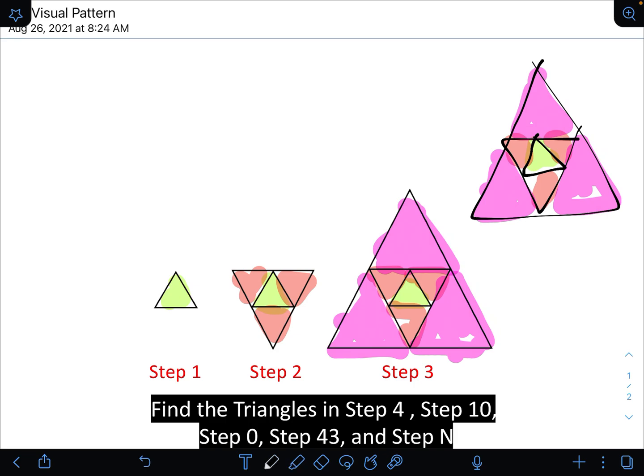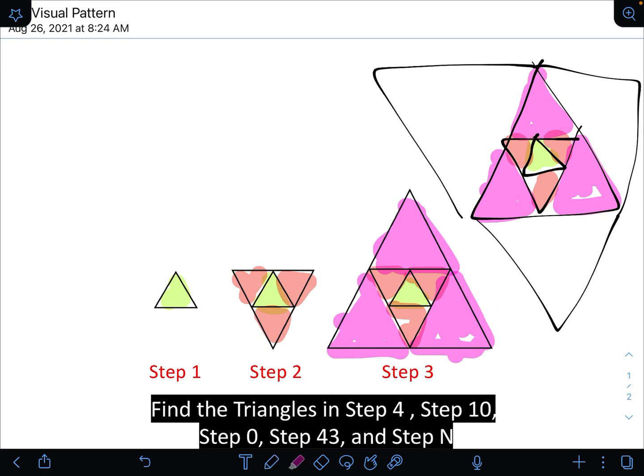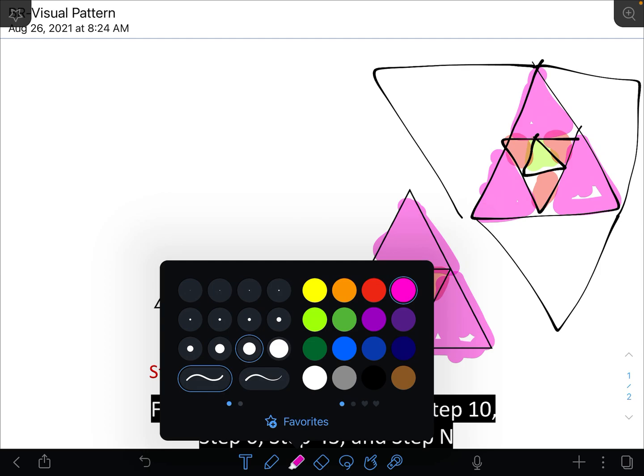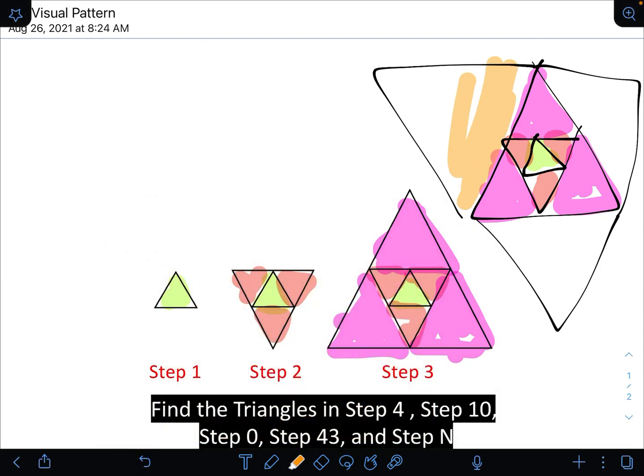And then you might say, well, how would that work next? Well, we have this triangle, and this triangle, and this triangle. So now we have these ones. Do you see how it's growing? And you can keep on doing that.